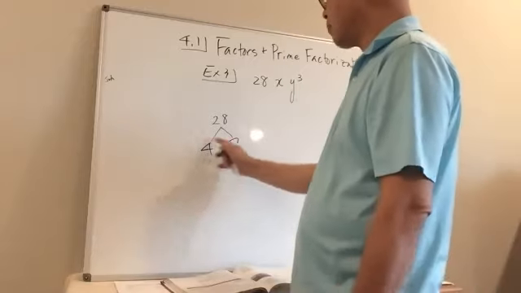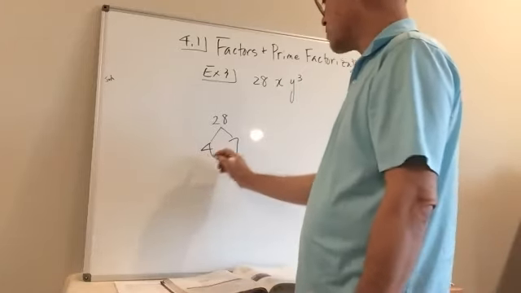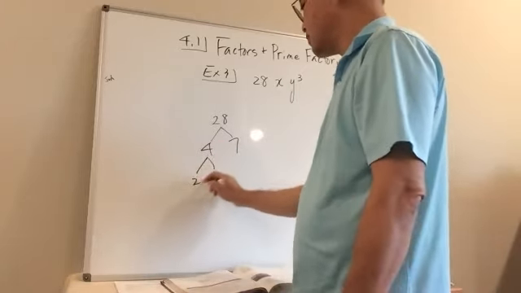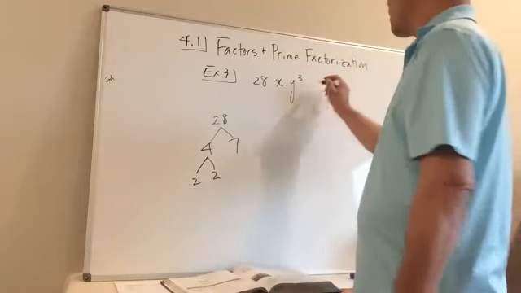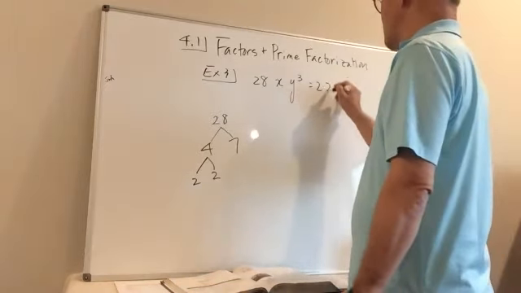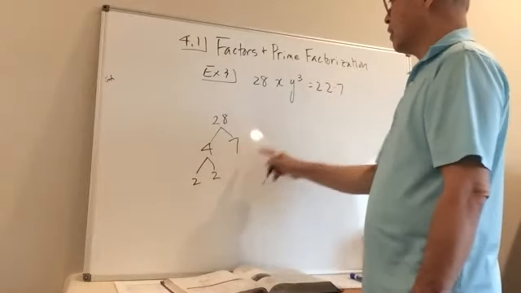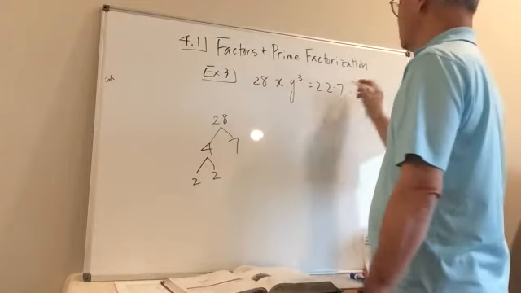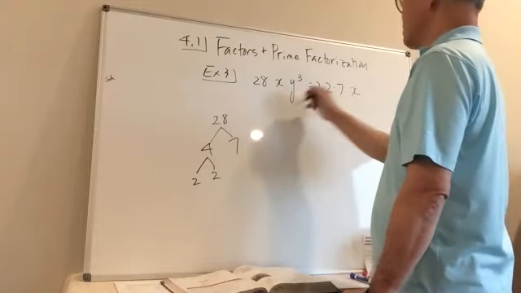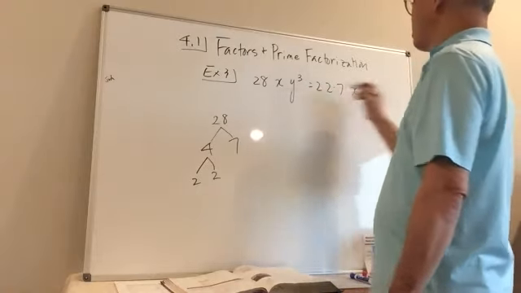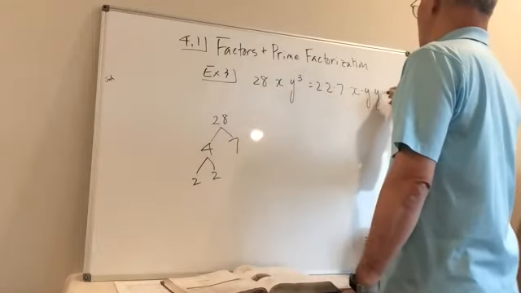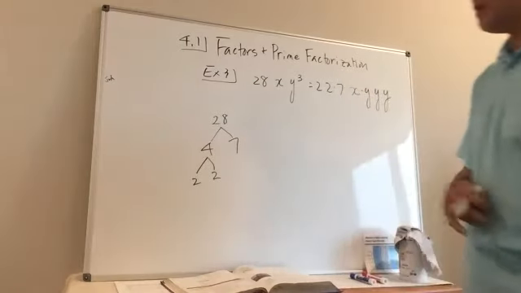This is not a prime number, so I have to factor this one more time, 2 times 2. So the 28 part is 2 times 2 times 7. Then I have the x and the y cubed. So it's going to be x, and I only have one x, but I have 3 y's. y, y, y. You see how that was done?